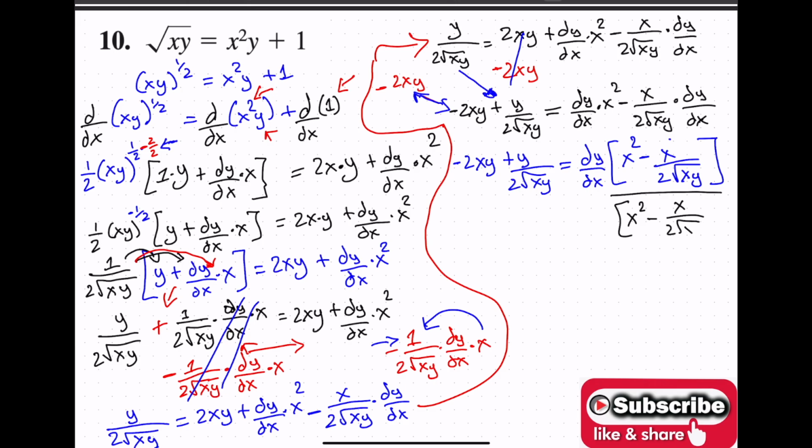So I have that there, and all of this is over x squared minus x over 2 square root of xy.